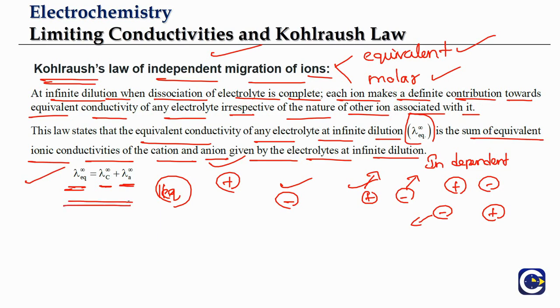In case of the equivalent conductivities, lambda equivalent infinity, the limiting value of equivalent conductivity, is nothing but the equivalent conductivity of cations plus equivalent conductivity of anions. So this is the Kohlrausch law in terms of the equivalent conductivity.